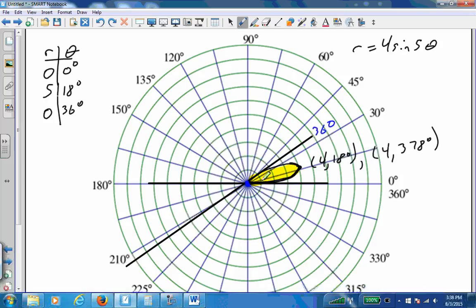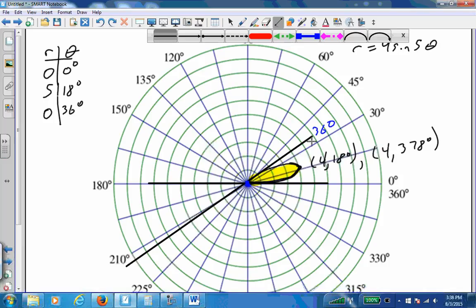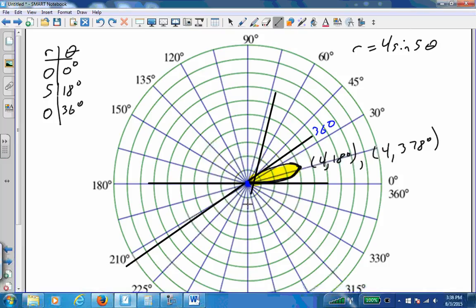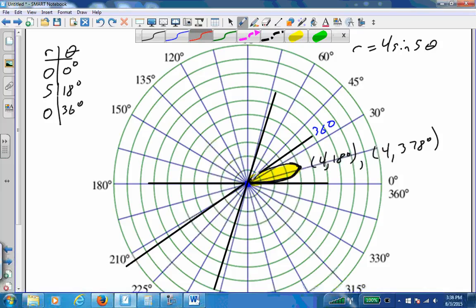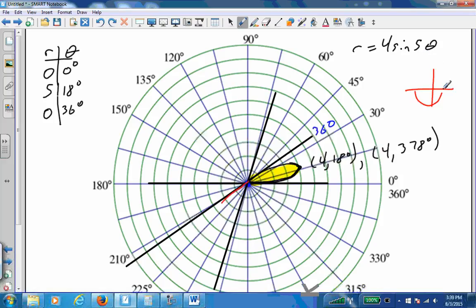72 was actually the direction for the next one. If we go to 72 and go through here, our next petal is actually between this line and that line. It actually has a negative radius in that section because if you put an angle between 36 and 72 in, you're going to get values down here and signs negative.